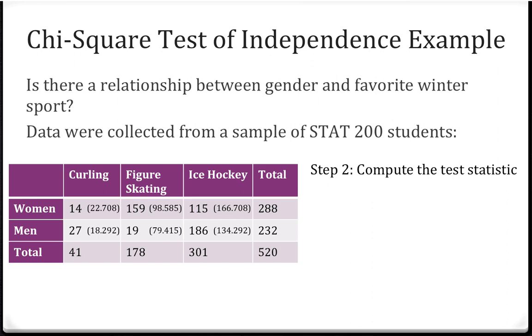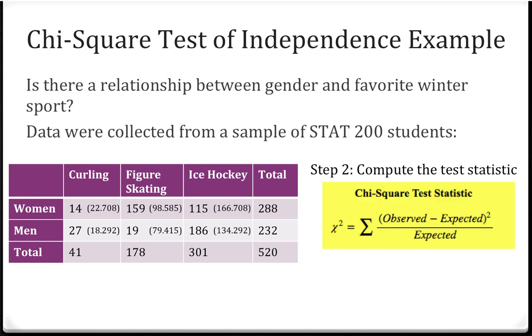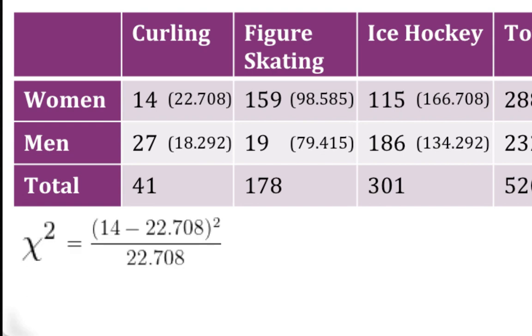Step 2, compute the test statistic. To compute the test statistic, we need the observed and expected counts. We have all of these in our contingency table here. We'll go through this procedure of observed minus expected squared divided by expected for each of these 6 cells. If we start with the women and curling cell, the observed count minus the expected count squared divided by the expected count.